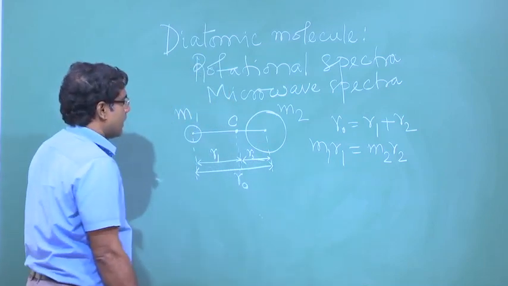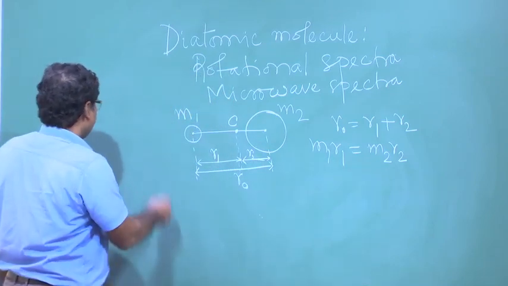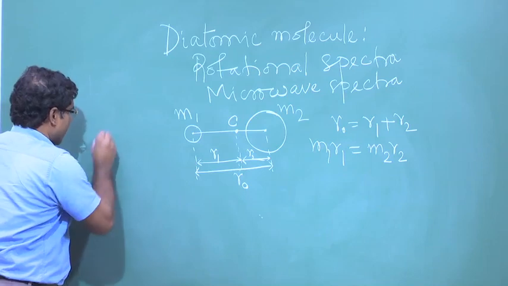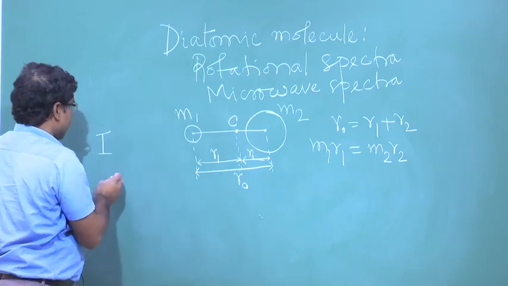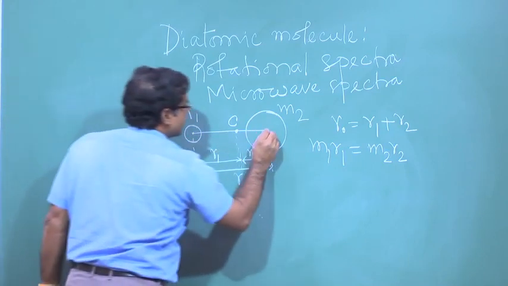Also I know that this is the moment of inertia, in this case linear. So, this is the x axis.